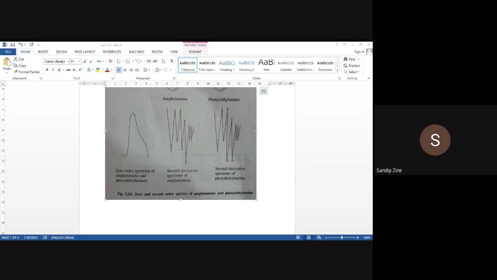Good. Now just put another heading in your notebook, or whatever notes you are taking, if any. Another technique name is difference derivative, or difference derivative spectrometry. So if I write the title over here: difference derivative spectrometry.